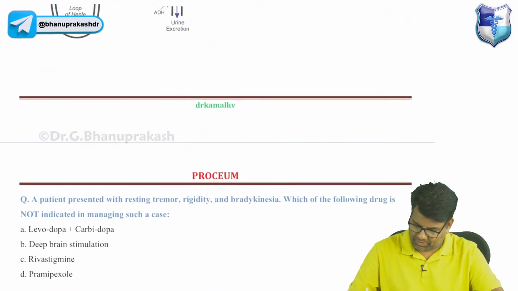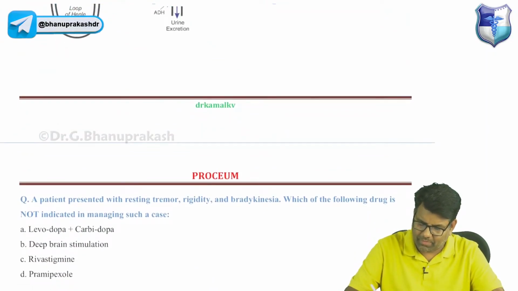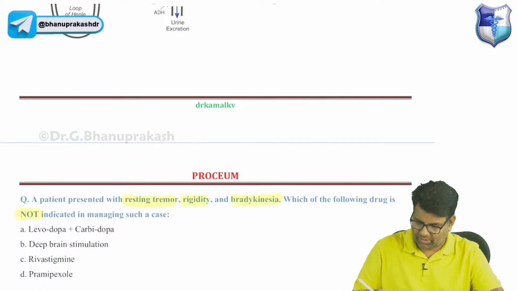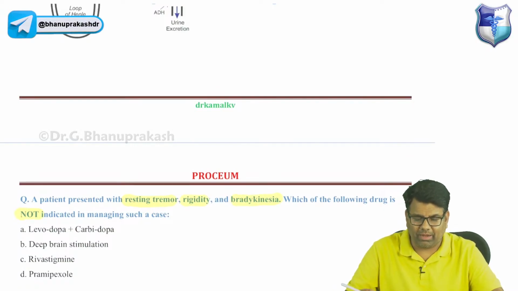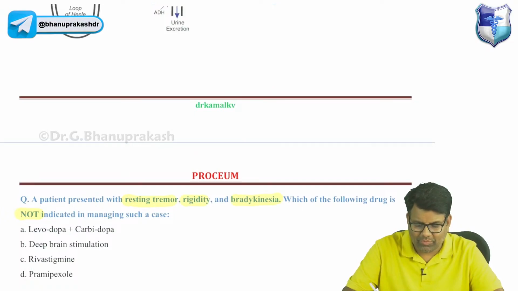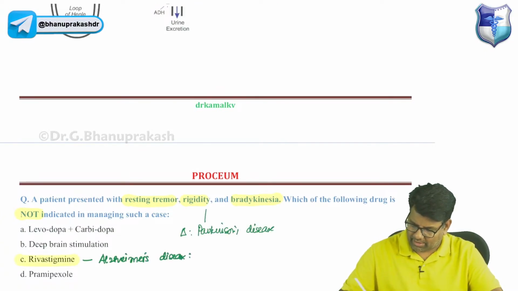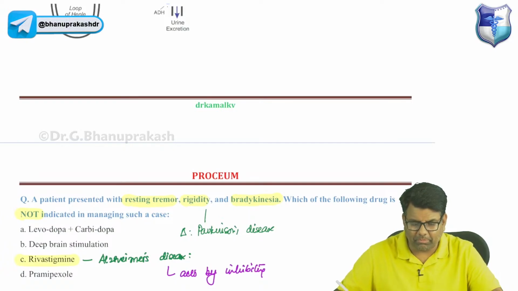Now, a patient presented with resting tremor, rigidity and bradykinesia. Which drug will not be helpful in managing this case? Yes, so this is the classical presentation of Parkinson's disease, and rivastigmine acts by inhibiting which enzyme?